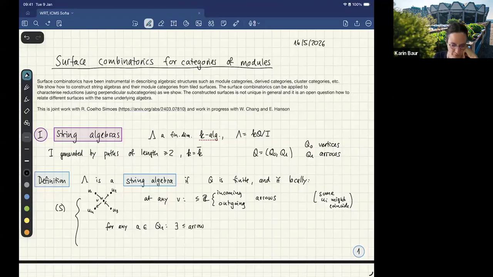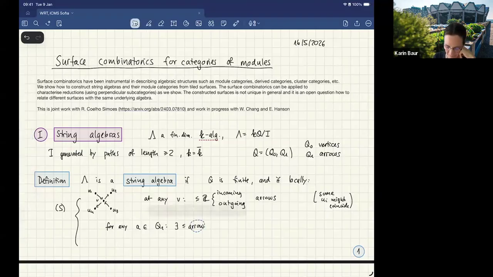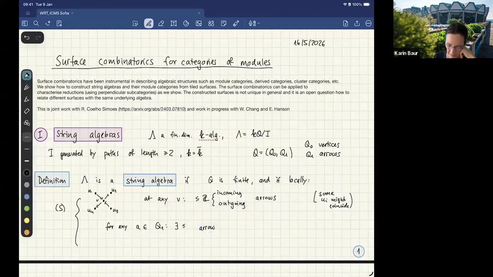So there is at most one arrow, B or C, with BA not in the ideal or AC not in the ideal. So it is relatively restricted locally. That's the condition S for string.